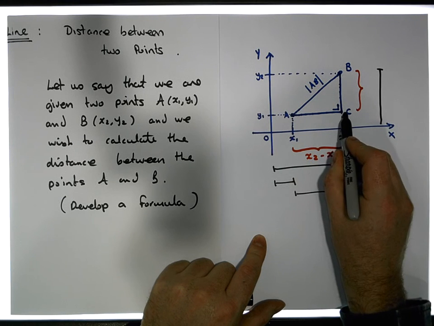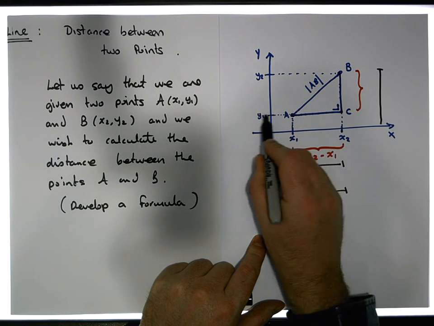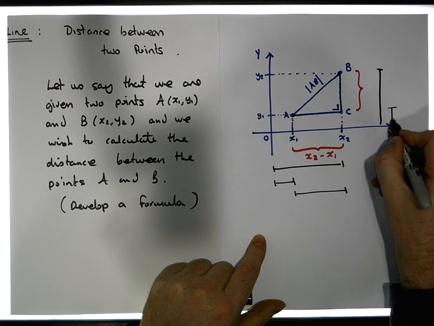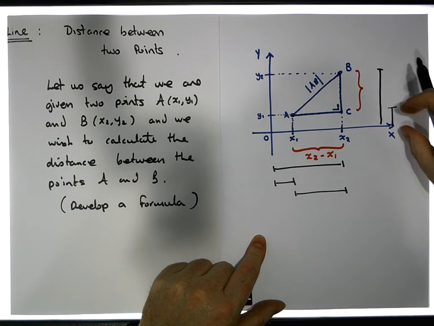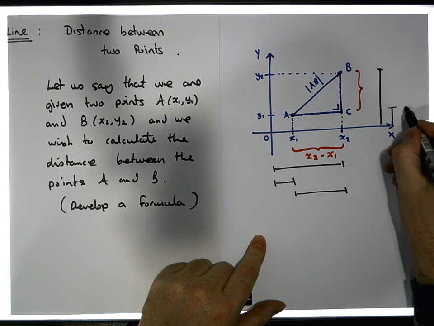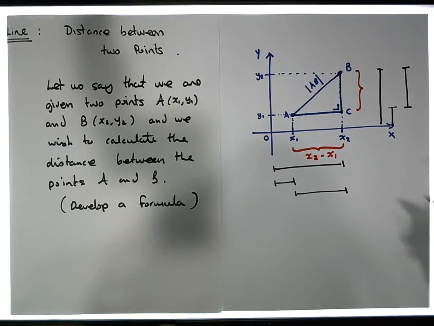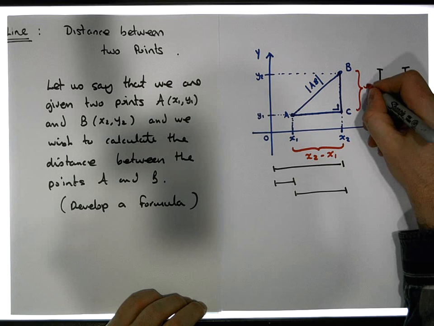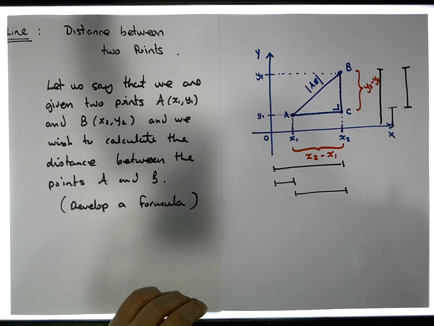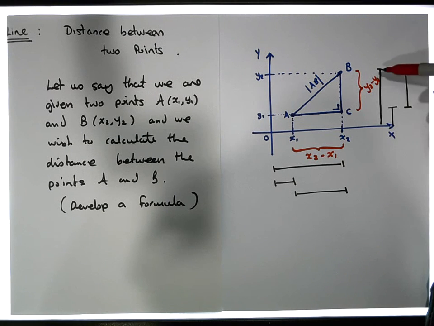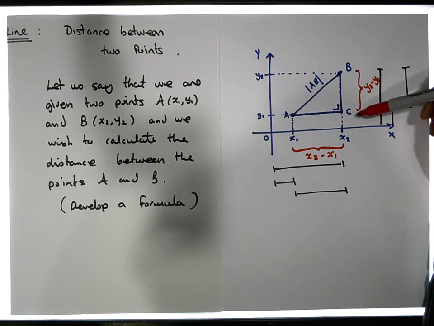And the point C is on the horizontal, so it is y1 units away from here. And once again, if we take the short line away from the long line, what we're left with is the distance between here and here, which is effectively y2 minus y1, the length of the line segment BC.